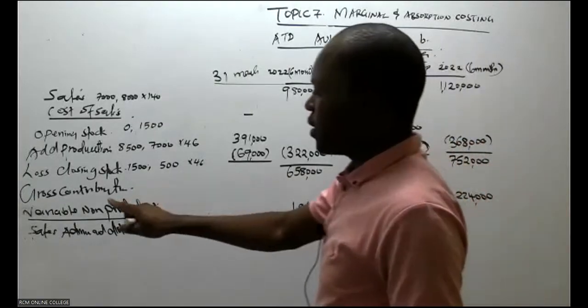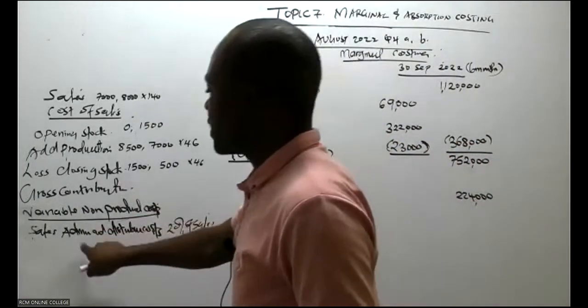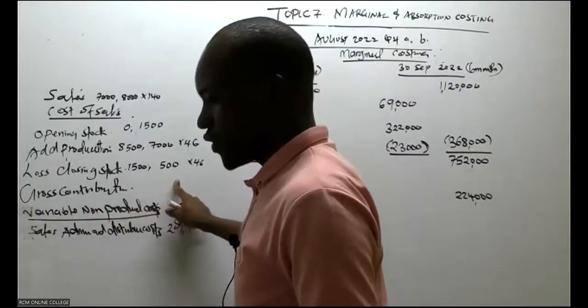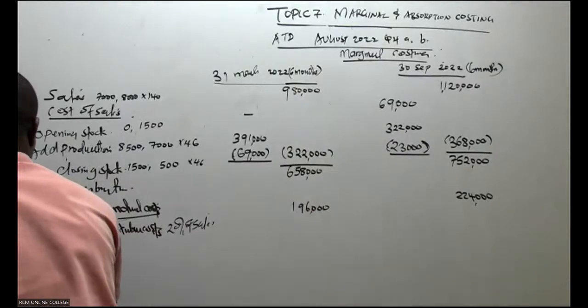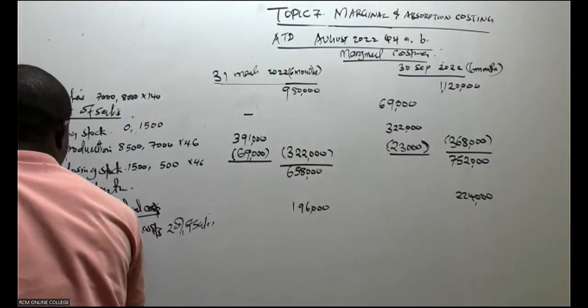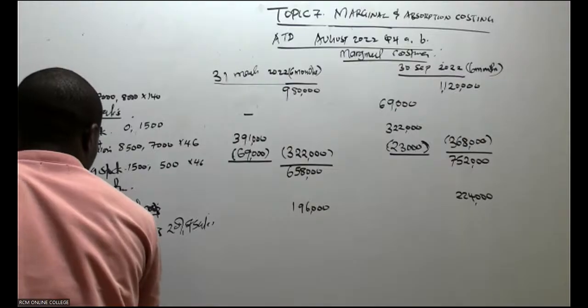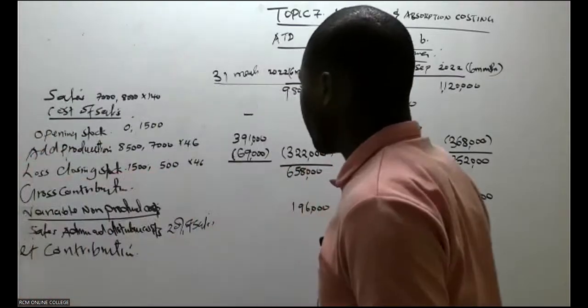When you take gross contribution less variable non-production cost, whatever you are getting is what we call net contribution. So go ahead and give us net contribution.